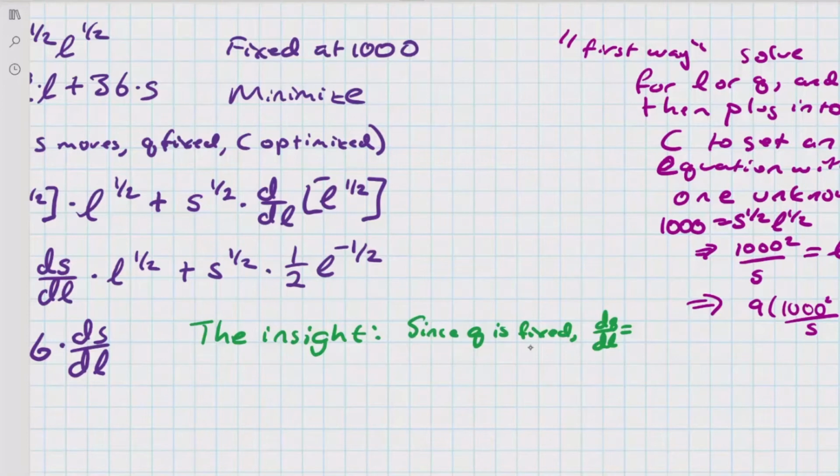If Q is fixed, the derivative of Q with respect to L equals 0. Since C is optimized, dC over dL is set to 0.